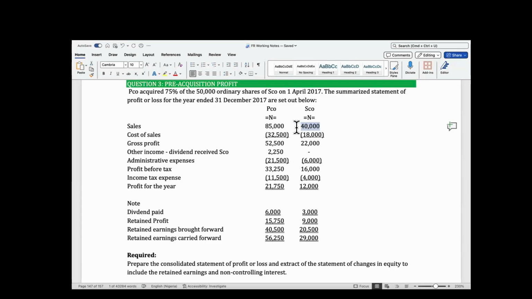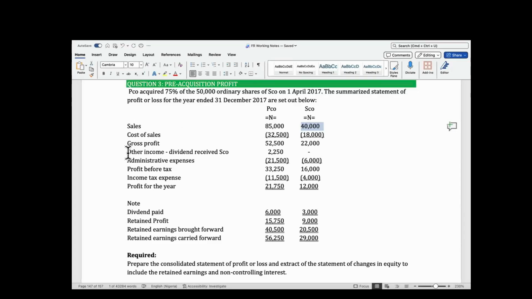Another way is instead of doing 9/12 of each of these items, you can just do 9/12 of these, then you do 3/12 of these and remove it, something like that. But do line by line, only consolidate 9 months of the items of the subsidiary. You will see it very soon.